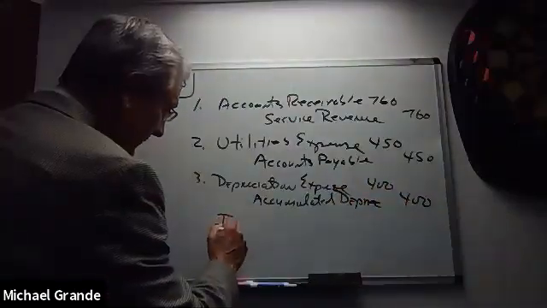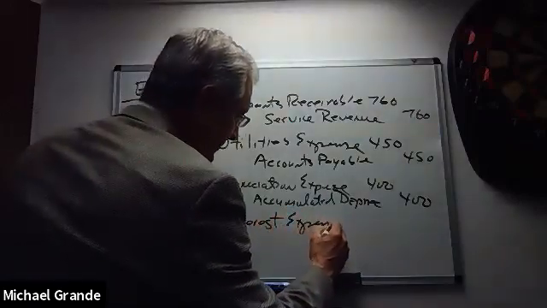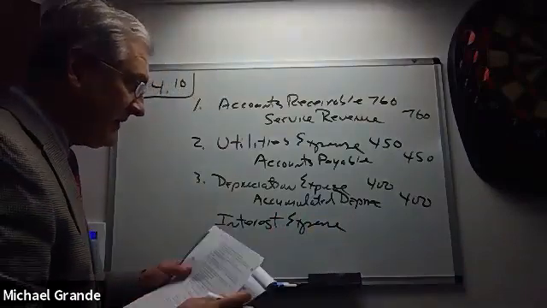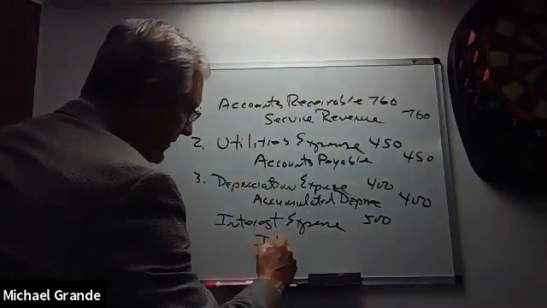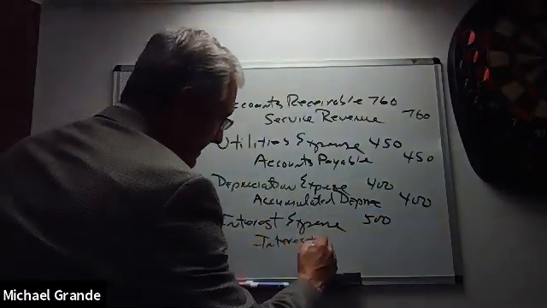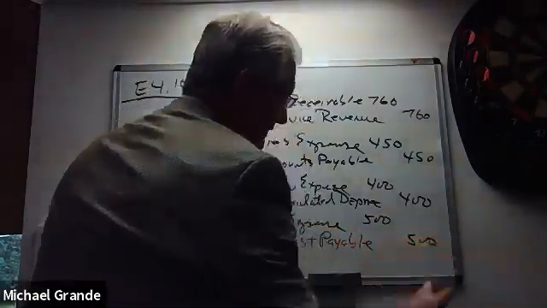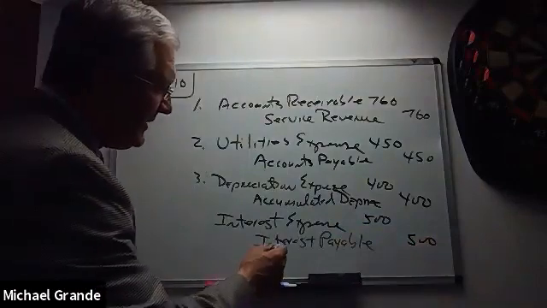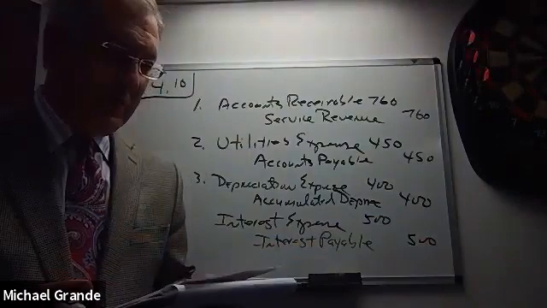So in the same entry, we have a debit, interest expense, and they gave you the amount. You did not have to calculate it. It's $500. And a credit to interest payable, $500. Remember, they haven't paid it yet, but they will pay it. The interest payable indicates the obligation to pay.